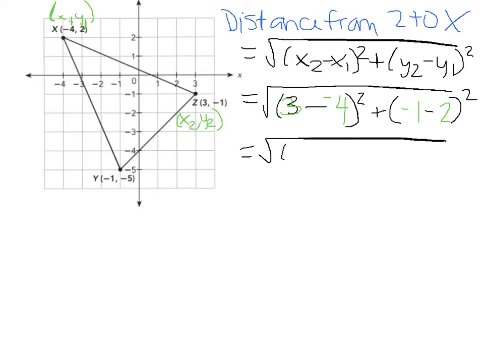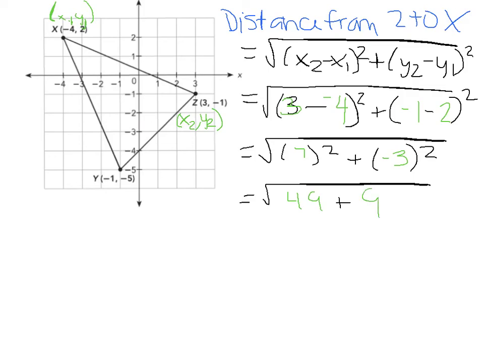So here I have 3 minus negative 4, which is 7. And I have negative 1 minus 2 to give me negative 3. So the square of 7 is 49, and that will be added to the square of negative 3, which is 9. So I get the square root of 58. So the length of XZ equals the square root of 58 units.